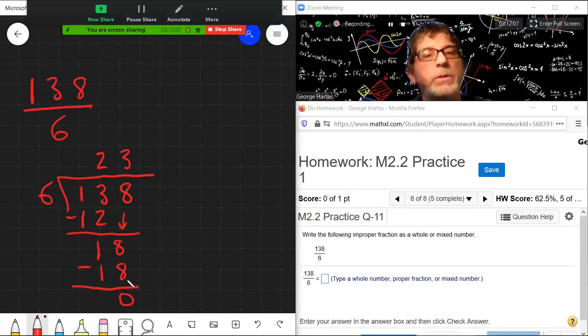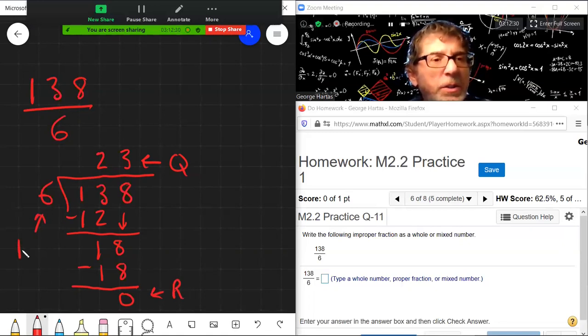Remainder is 0. Okay. Well, that's interesting. We have a remainder of 0. Now what? Well, this is still Q, right? This is still the quotient, whole number part of the answer. Q, R, remainder, D, divisor.